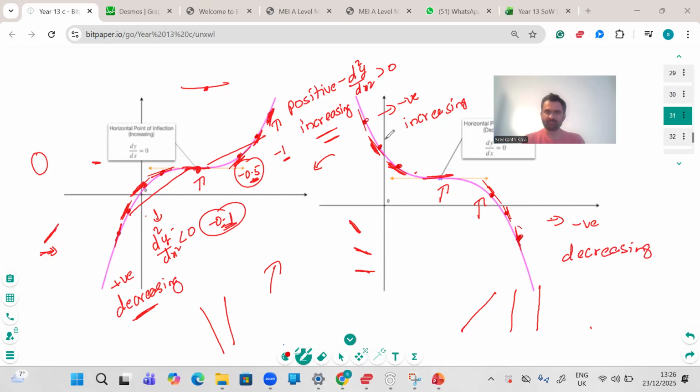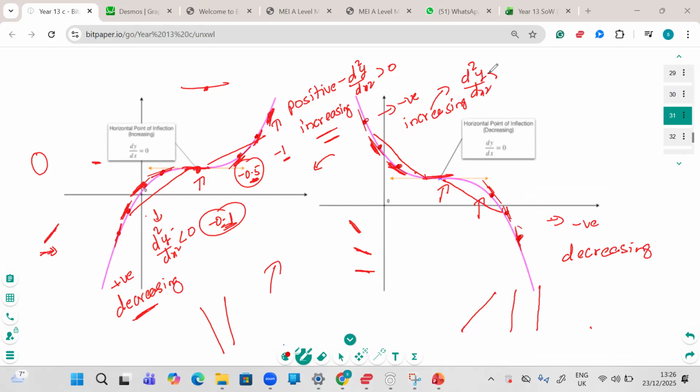You can also see that before the point of inflection, the concavity was upwards. Here concavity is downwards. Now, as you know this one, d square y by dx square is greater than 0. And here d square y by dx square is less than 0 because it is decreasing. We will discuss this meaning shortly.